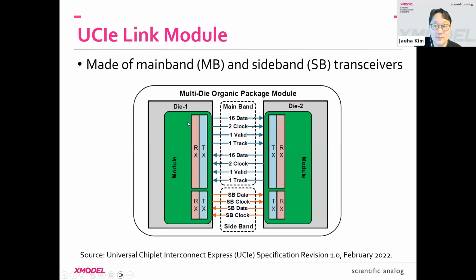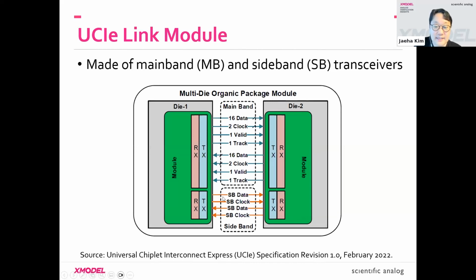Okay, now we can put together a UCIe electrical layer module. And to do that, we need to have the sideband. So far we talked about the transceiver for the main band, which contains the data lanes, clock lanes, valid, and track lanes. And you have two sets of those for going forward and backward.